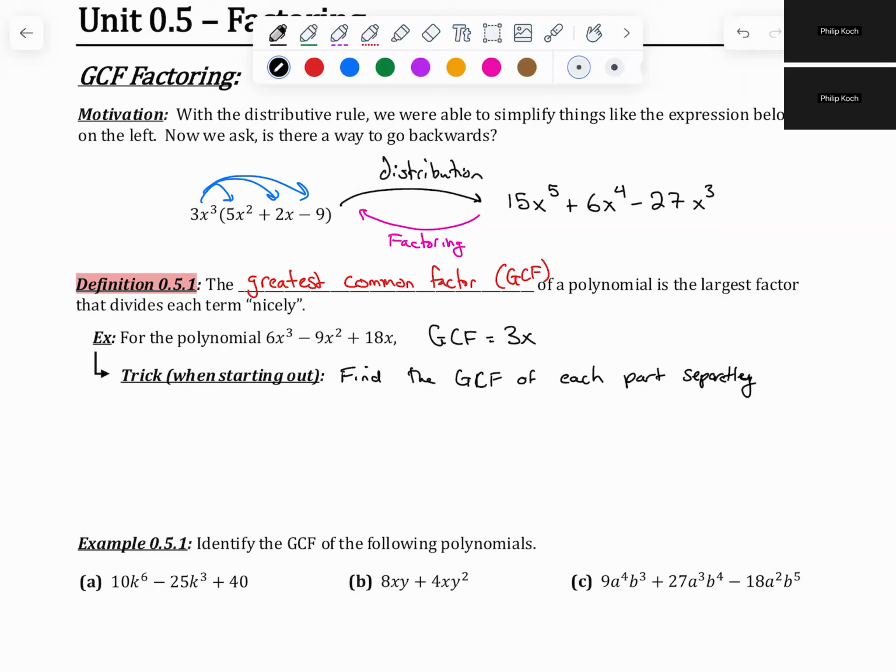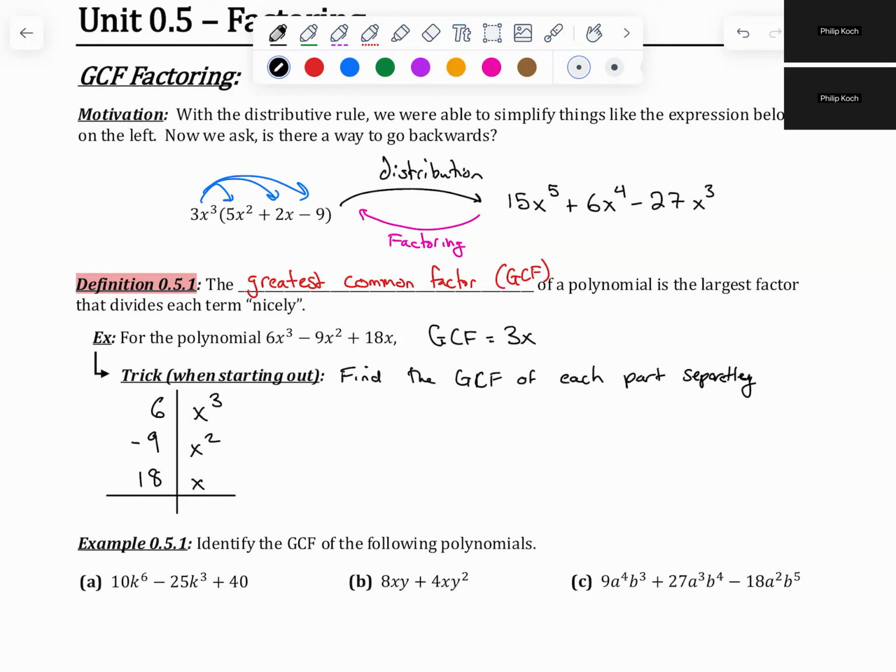I've got some examples down below. This is what I usually do when I'm starting out. I list all the terms and break them up into columns: 6x cubed, then negative 9x squared, and then 18x. What's the biggest thing that goes into 6, 9, and 18? 3. 3 goes into 6, 9, and 18.